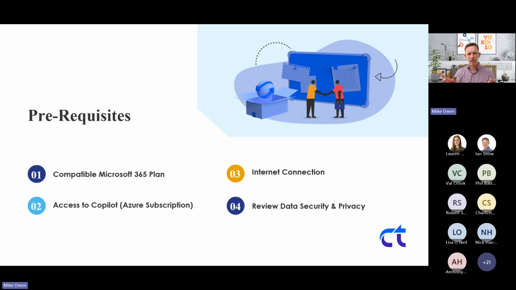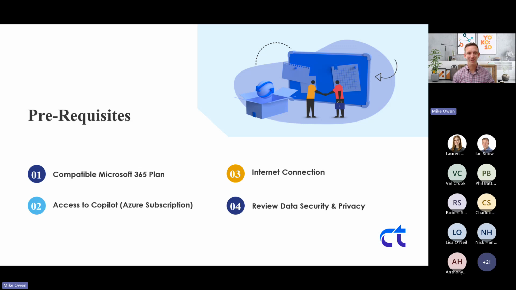So the Azure subscription gives that capability of the pay-as-you-go, the consumption licensing side of things. So it could work out more effective for certain organizations to go with that free and pay-as-you-go agents approach. The third one, kind of obvious, if you've got Office 365, you're going to need an internet connection. It's the only way. It doesn't work offline.